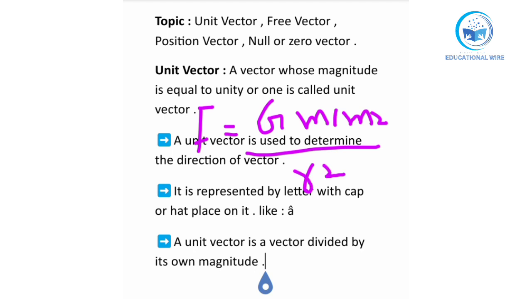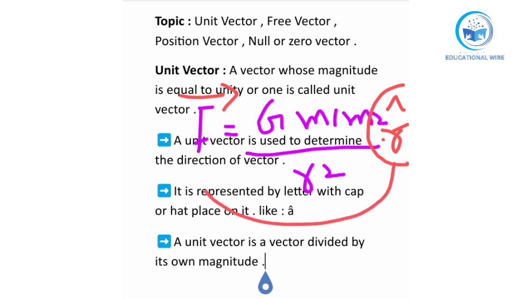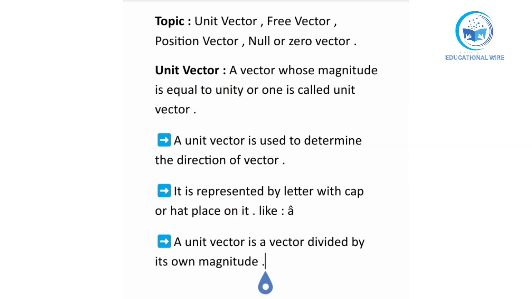Now we have to determine the direction of this vector. We will put over here r and a cap on it. So it will be called the unit vector, and this is the direction of the vector. Now this unit vector shows the direction of this vector. Number 1 point proved. Now let's move further to the number second.